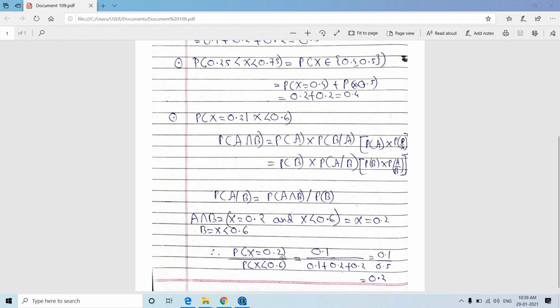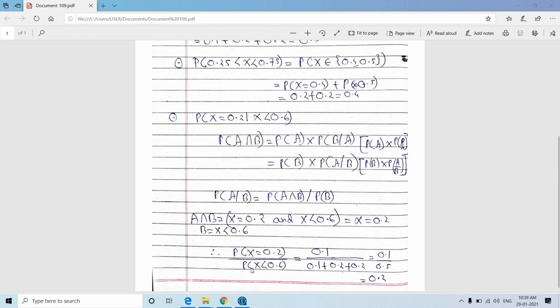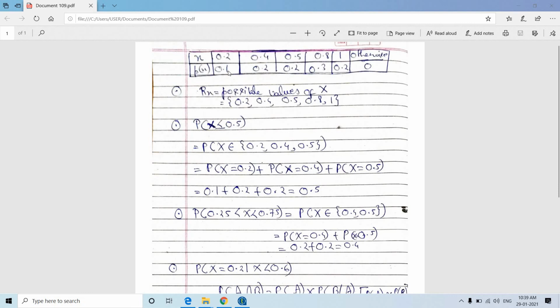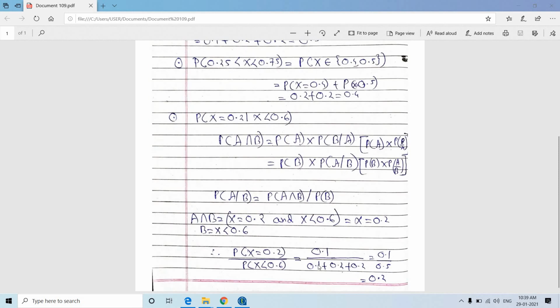The probability that the outcome will be 0.2 is 0.1. And the probability that the outcome is less than 0.6 is the sum for 0.2, 0.4, 0.5: 0.1 plus 0.2 plus 0.2, which is 0.5. So 0.1 divided by 0.5 results in 0.2.